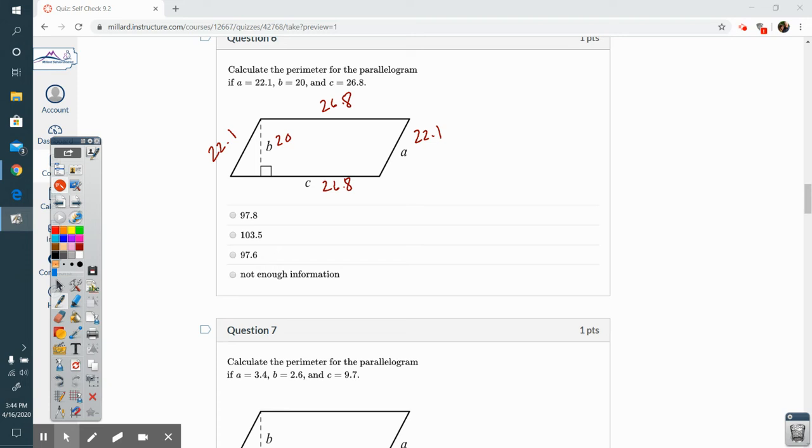So you can calculate the perimeter because the definition of a parallelogram states that this side is the same as this, and this side is the same as that. So just add all those together, or 2 times 22.1 plus 2 times 26.8. Whatever you decide to do is fine, because it will give you the same answer. So I got 97.8 when I added those together. And there it is right there.